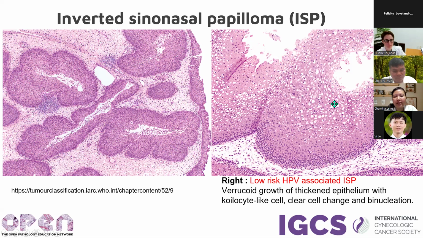In the right picture, there are also clear cells with koilocyte-like appearance, and some cells also have binucleation, features associated with low risk HPV.